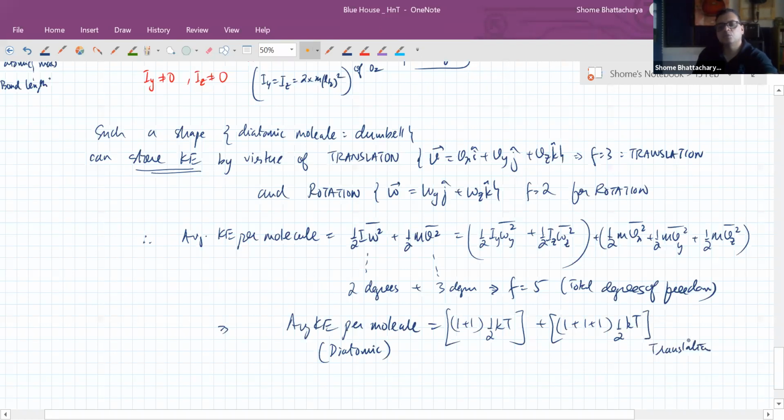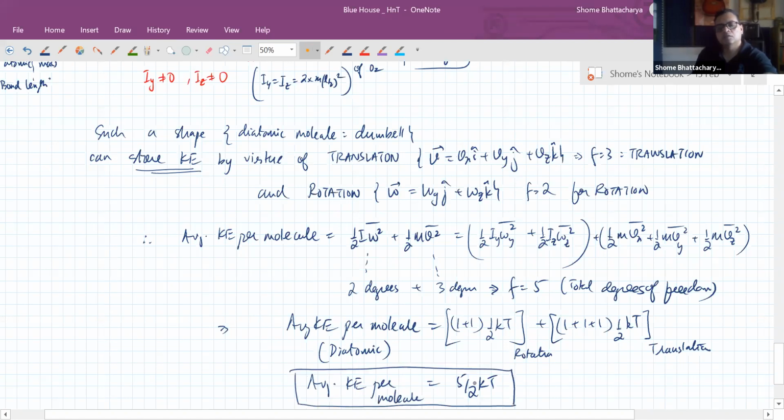So this is the proper explanation of degrees of freedom. In all, the average kinetic energy per molecule will become 5 by 2 kT.